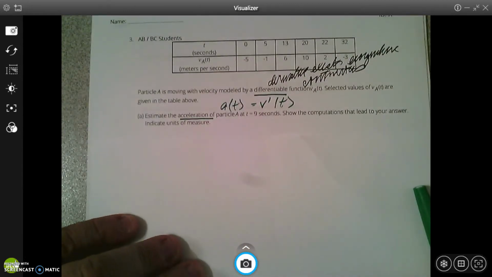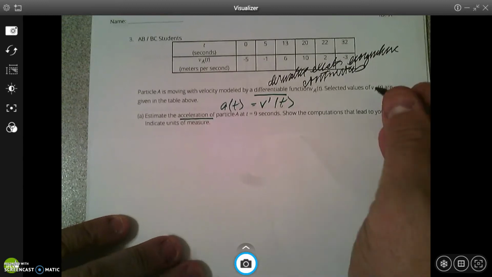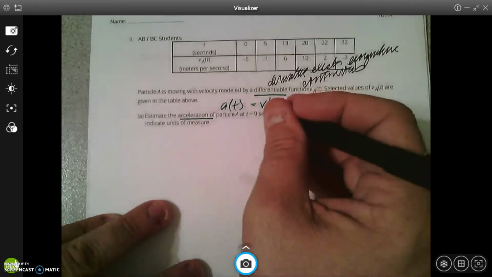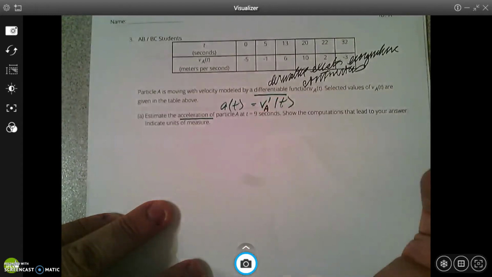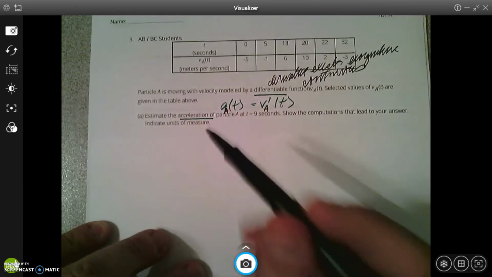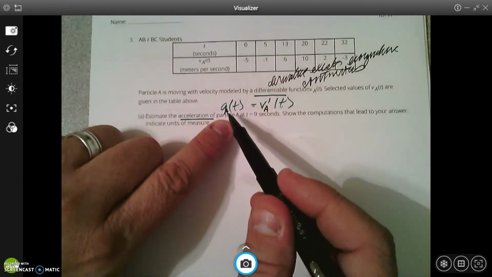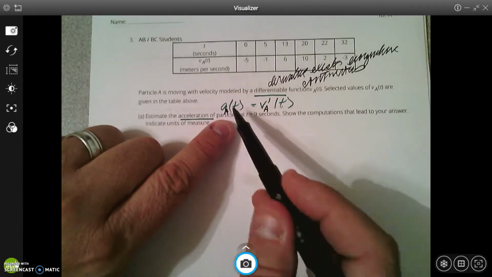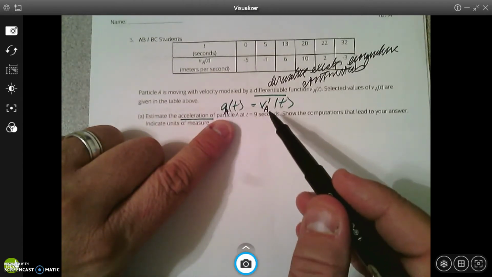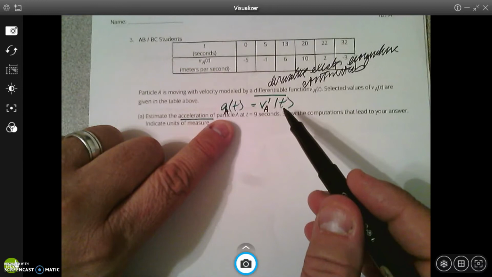Now, using the notation here, we're using capital A to indicate particle A. So we're using v sub capital A. So I'm going to use little a sub capital A. And that's maybe a little bit awkward, but I want to indicate that this is the acceleration of particle A equal to the derivative of the velocity of particle A.